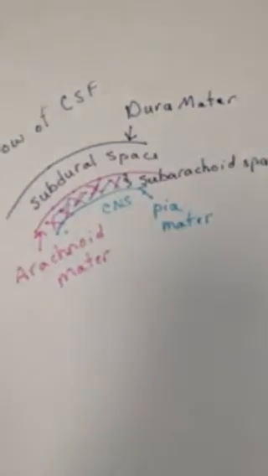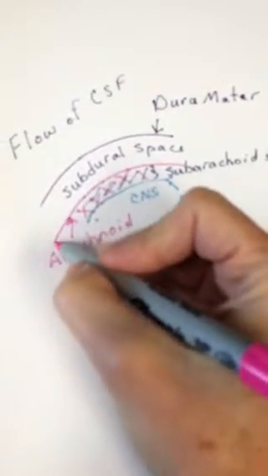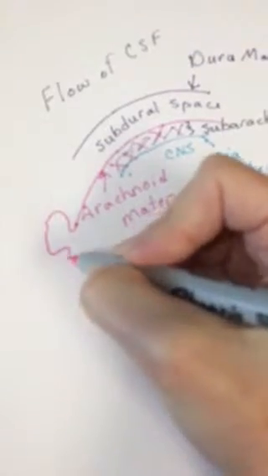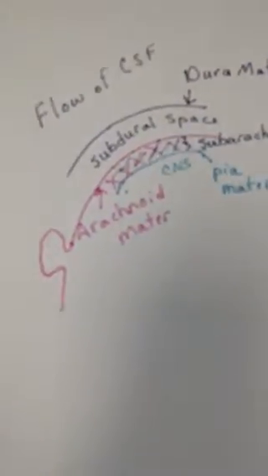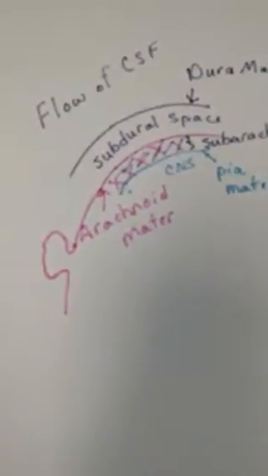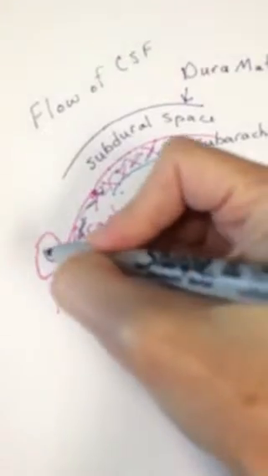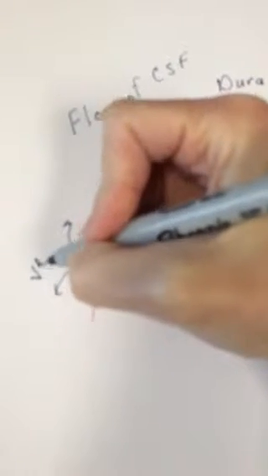The arachnoid mater does have structures, little out pockets like this, that cerebrospinal fluid, when it is circulating through, ultimately will be reabsorbed through that structure and back into the venous blood supply.